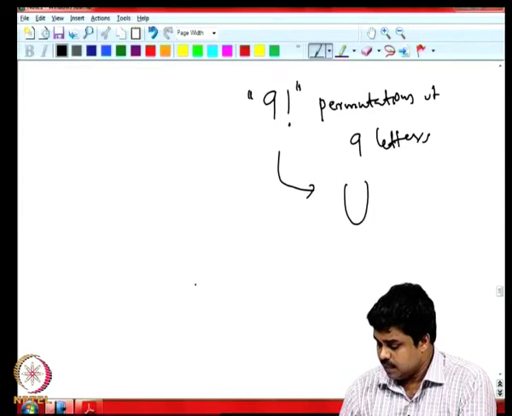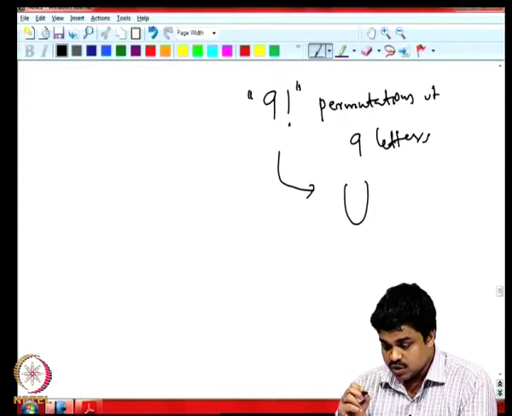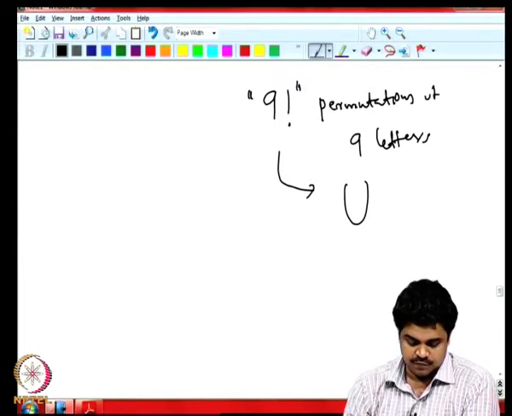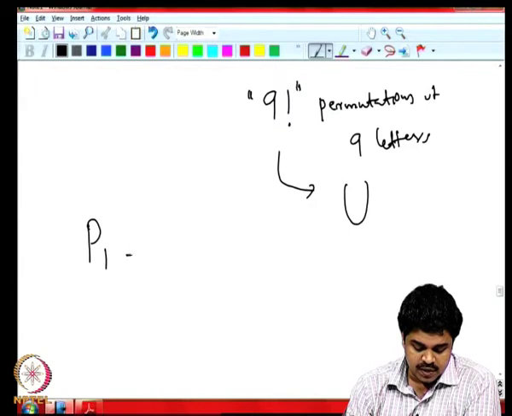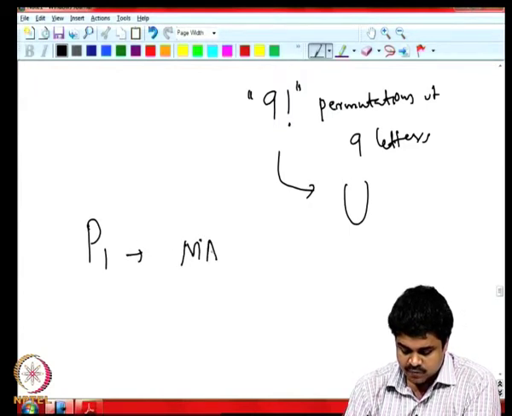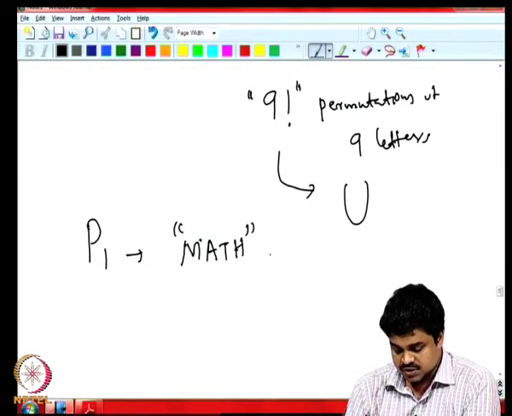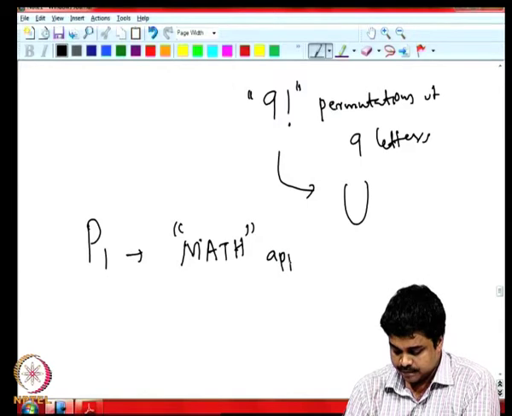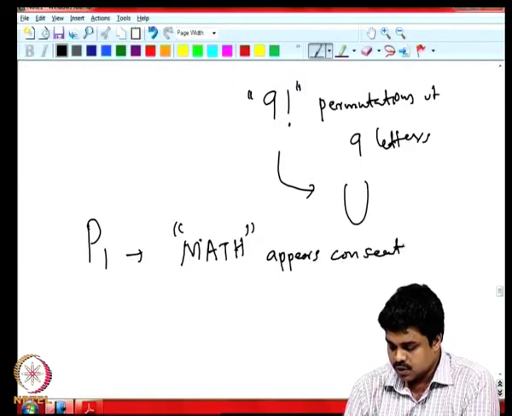Now, you see the properties we are interested in. I mean, what we want is those permutations which do not have those properties. First property P1 would be that the word math, this 4-letter word math, appears consecutively in the permutation.